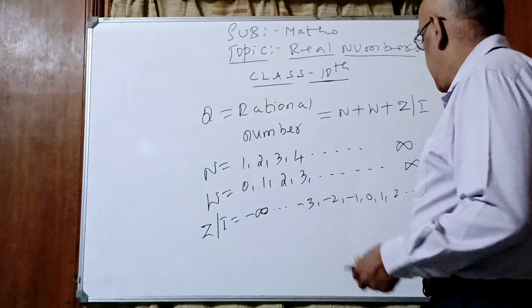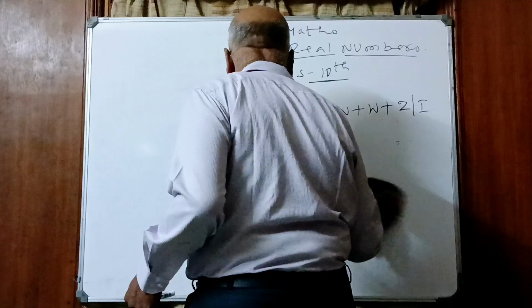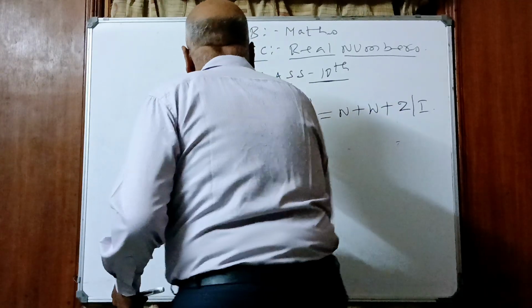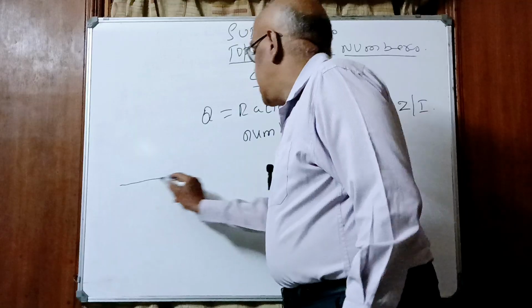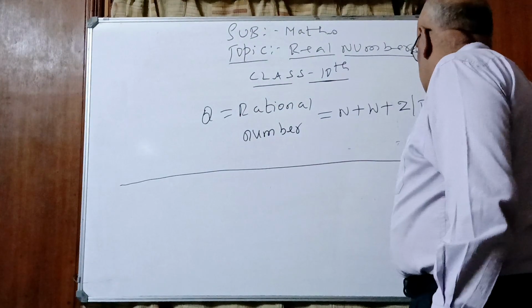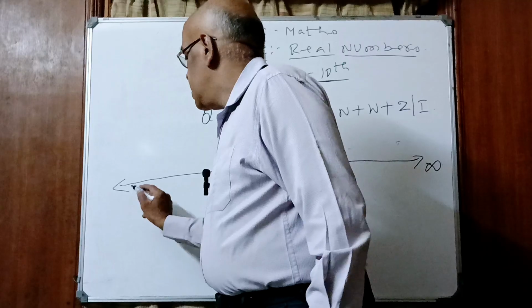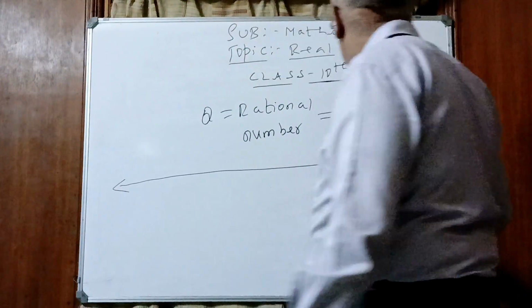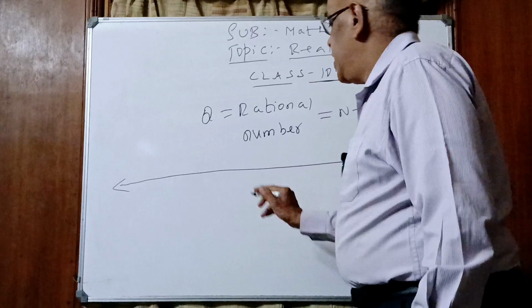Now let me draw a number line and show that, so that it will help you to remember. Number line consists of numbers from minus infinity to plus infinity. It extends both sides.